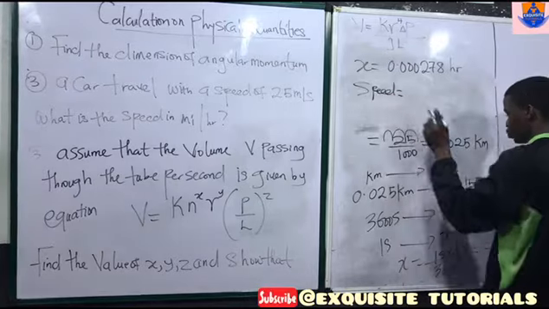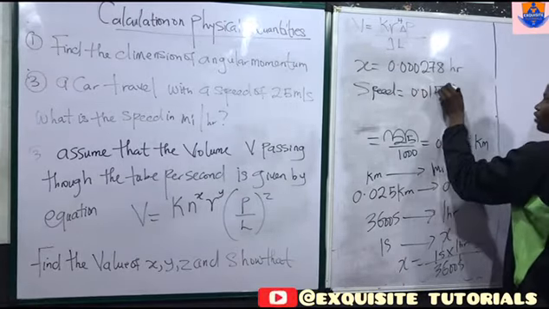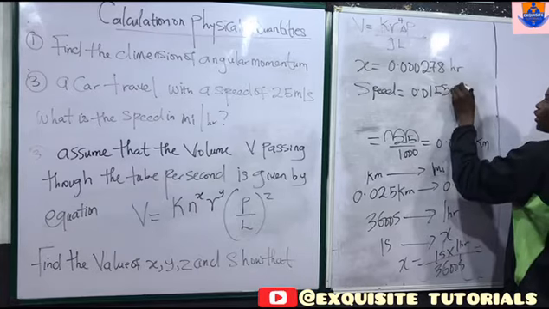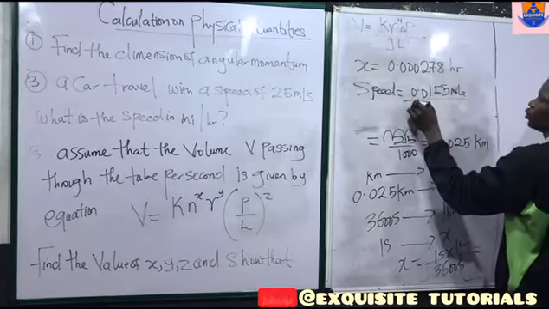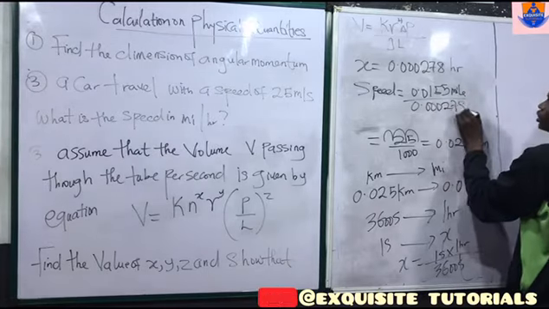So from there, our speed will be equal to this value, 0.0155 mile, divided by 0.000278.